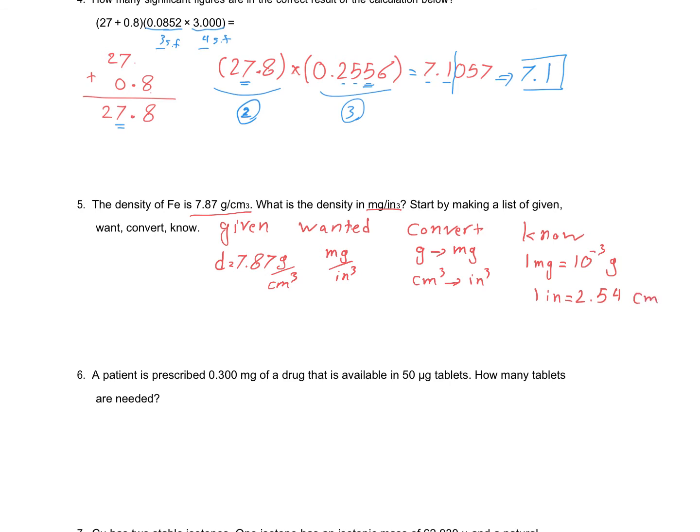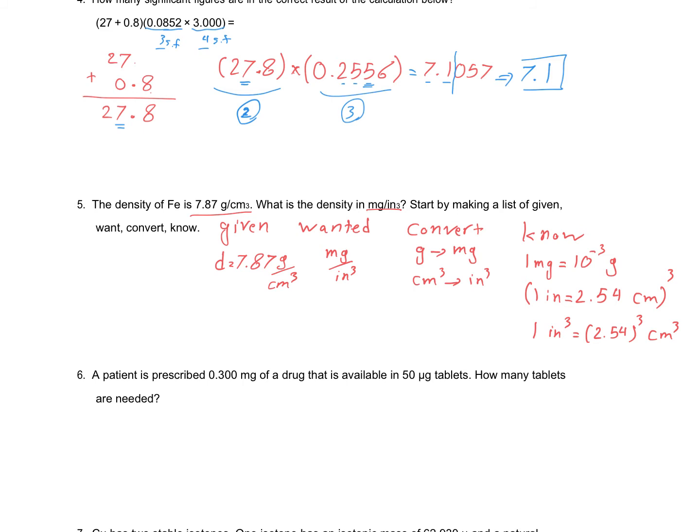But we need this cubed, so we can cube the whole thing, and the cube goes to every single one of these. So it's 1 cubed inch cubed, 2.54 cubed, and centimeter cubed. 1 cubed is still 1, so we don't need to write it, so I erase this.